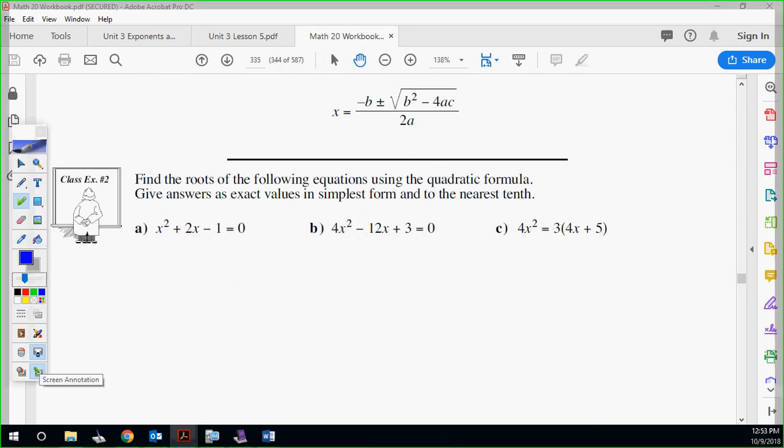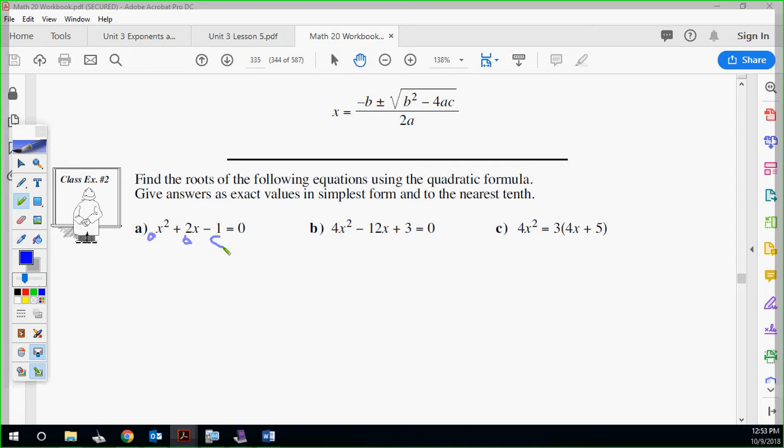So what's important is this. What are the A's, B's, and C's now? Well, that's A, that's B, that's C. So that's what you plug in for A, B, and C to calculate. Now you can see why we do radicals first: because you have to use a radical. We need to know how to simplify radicals. So, long story short, we are now in a position to use the quadratic formula.